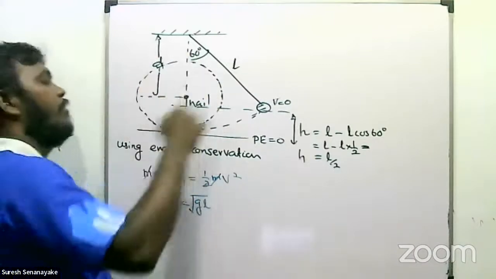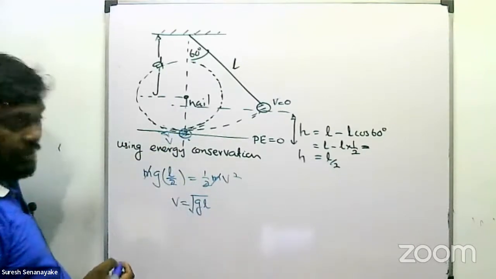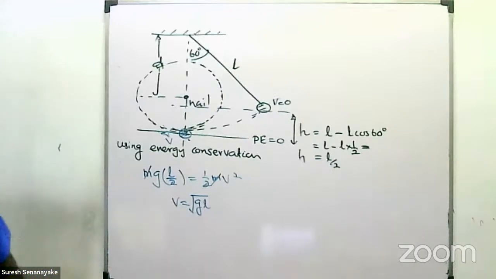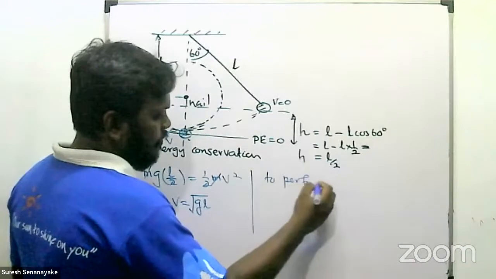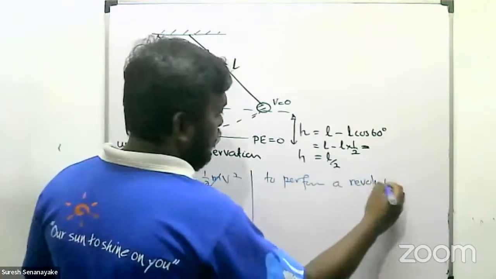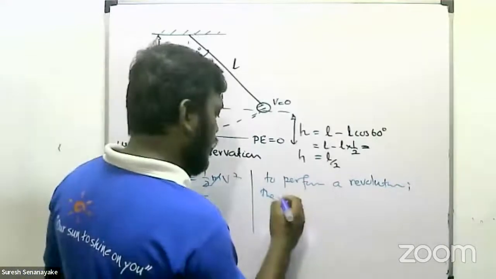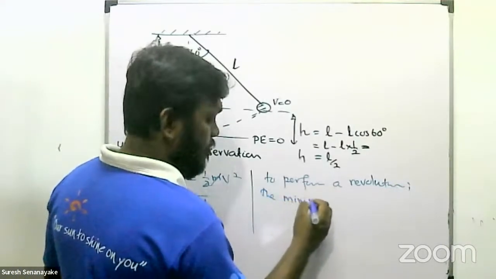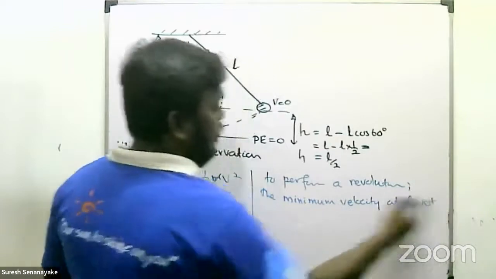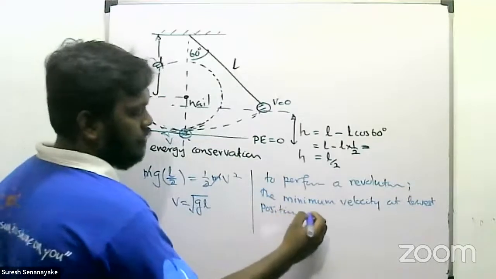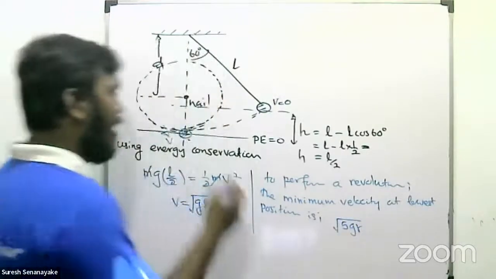To just complete the revolution, the minimum velocity at the lowest point of the circle should be equal to square root of 5 g r. Clear? Here r is the radius of this circle.